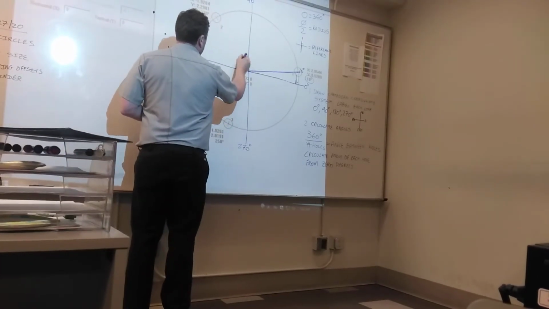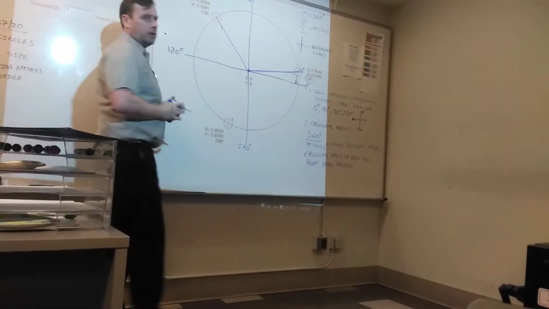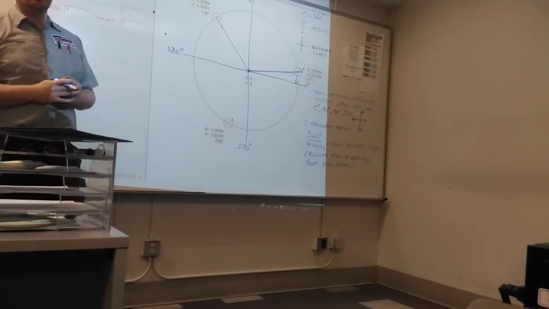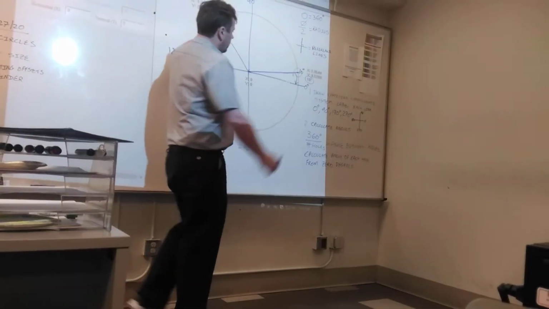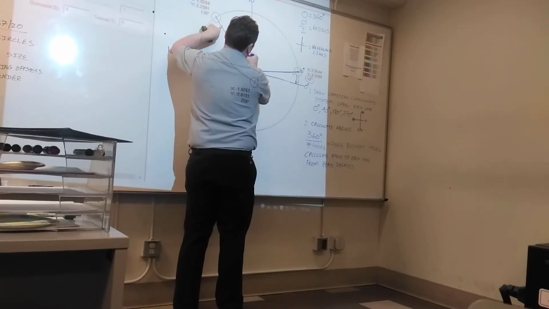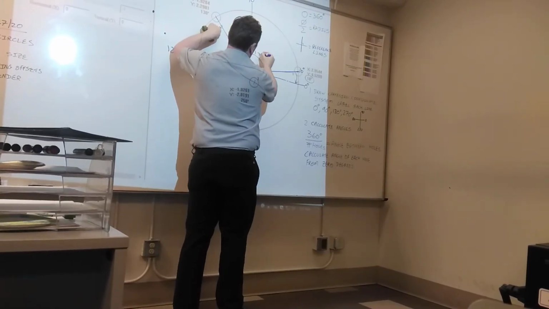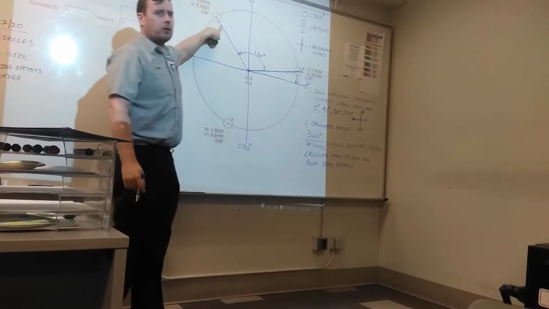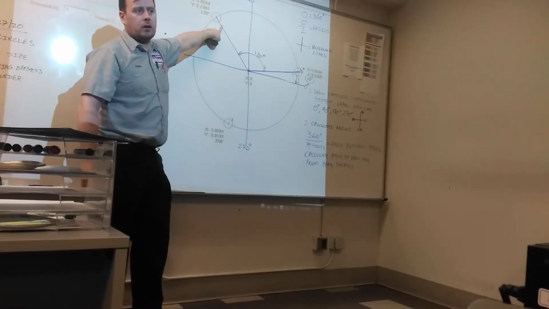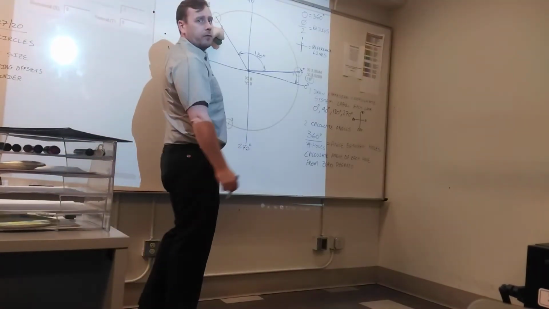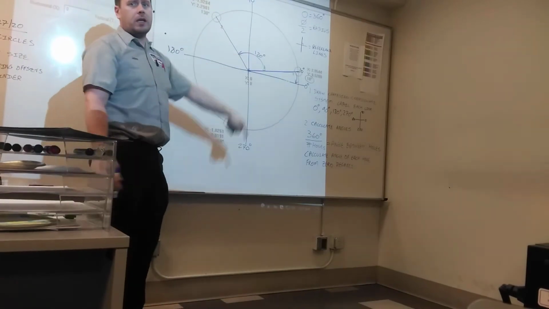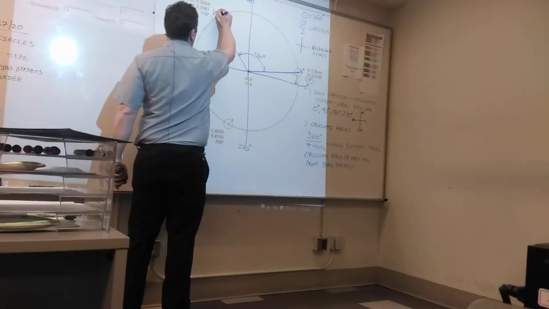How far is this hole from 0? Well, we know from hole 2 to hole 1 is 120. We just worked that out. 360 divided by 3 plus 10. So how far is hole number 2 from 0? 130 degrees.